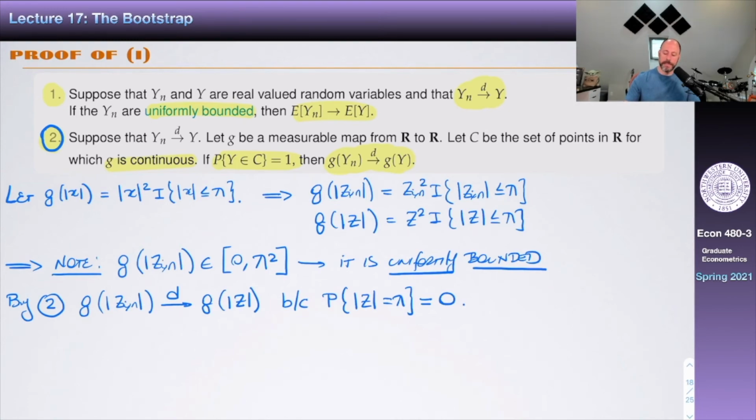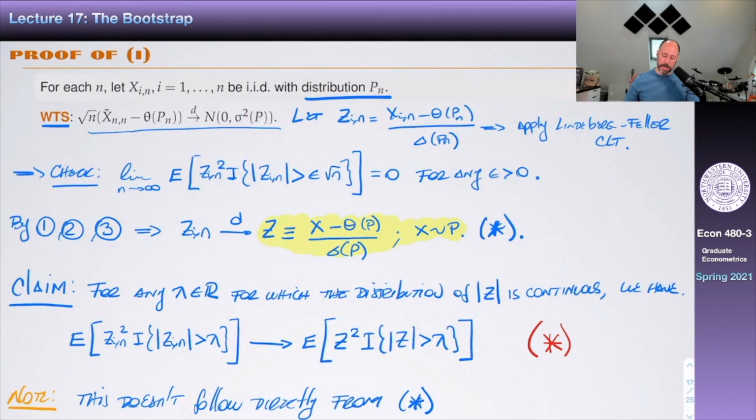We know that because in this slide I wrote for any lambda for which the distribution of z is continuous.